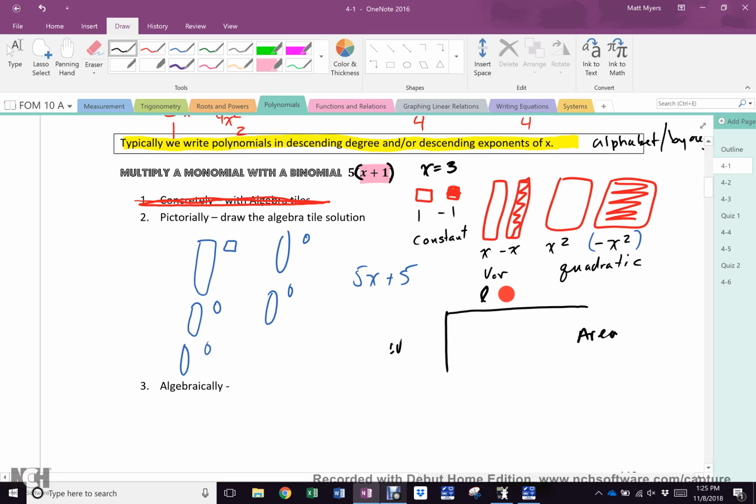If this is 4 and this is 5, the product is 20. So we know that we have factors living on the sides, yes? And we know that this 5 is one of the factors, and this x plus 1 is the other factor.